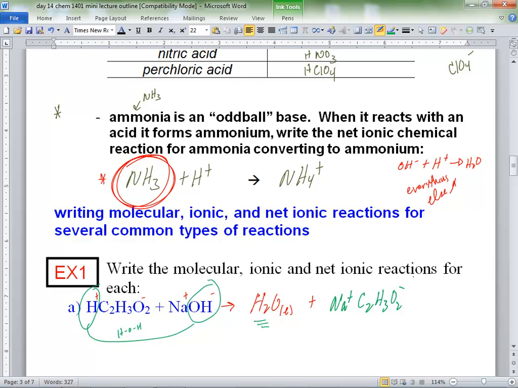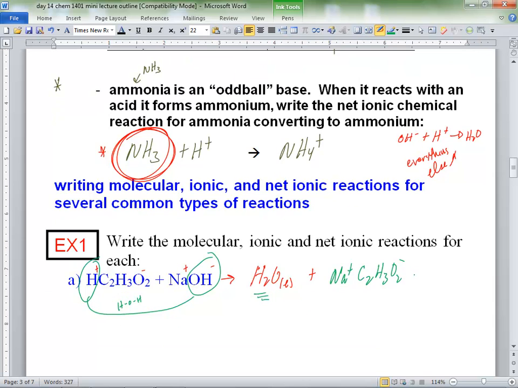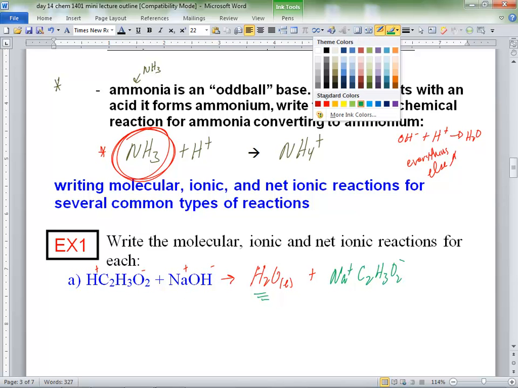And then we need to balance it. Let's see here. We had only one OH, grabbed that one H, so we only made one H2O, and there's one acetate, one sodium, and everything's balanced, right? Now we need to use our solubility rules to write solid or aqueous on everything.